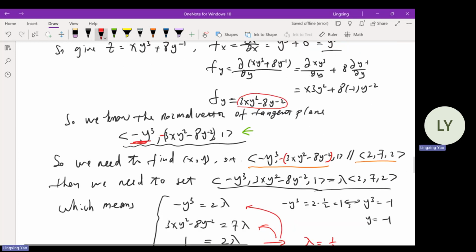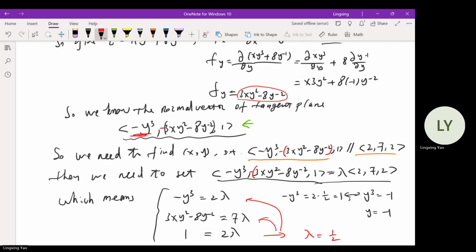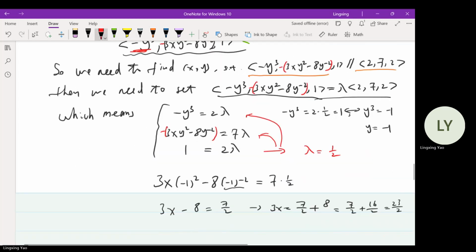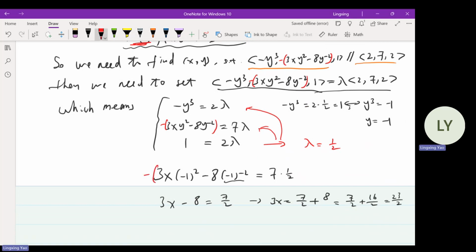Yeah, this looks better. Then this is negative 3x, and then subtract 8.